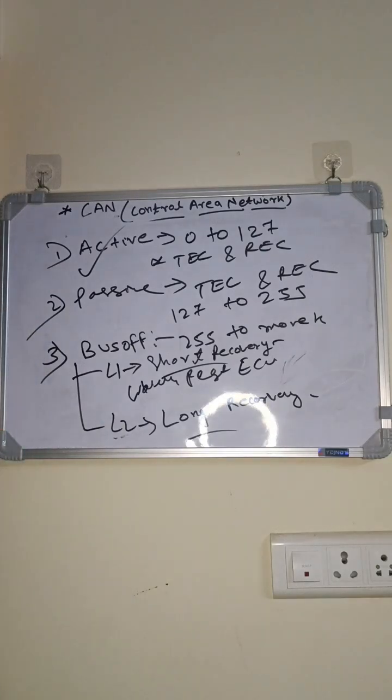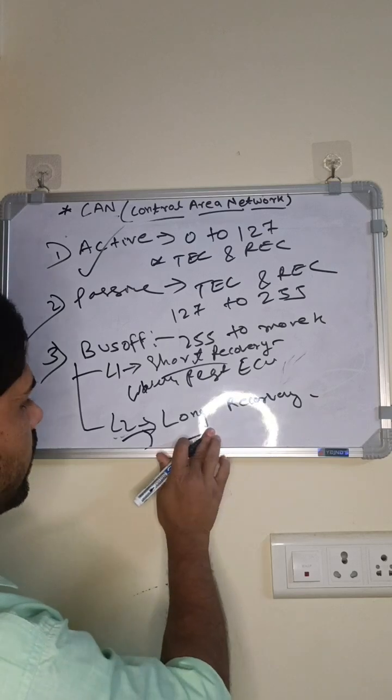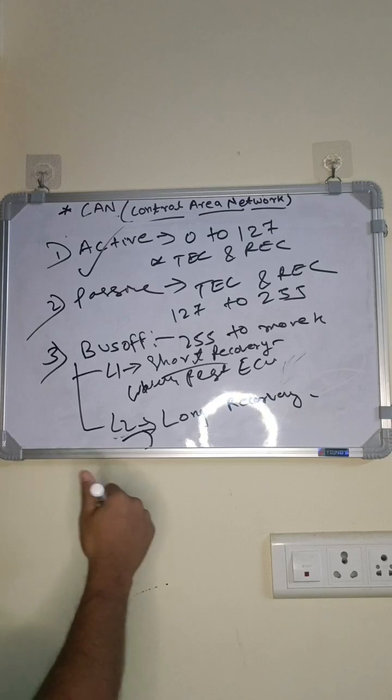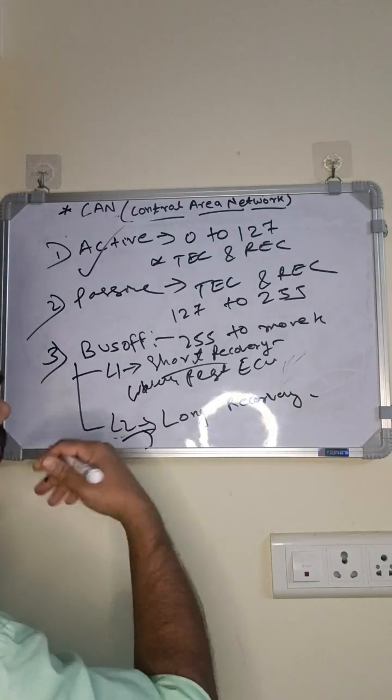Okay, and next is L2. So L2 is about the transmit error counter, TEC, and we will call the watchdog window.